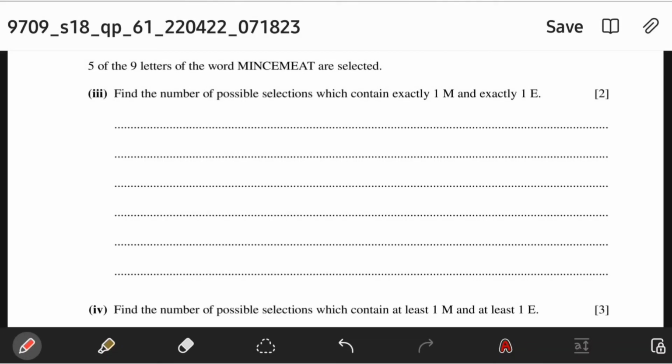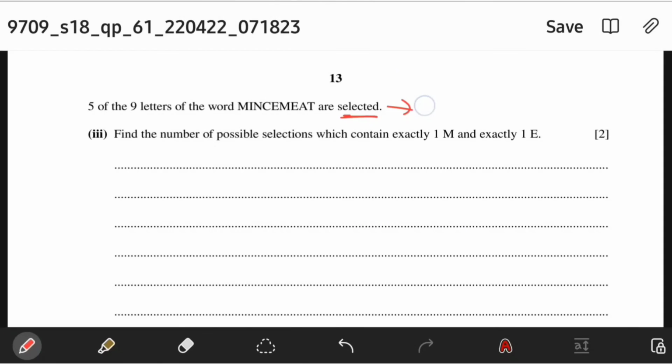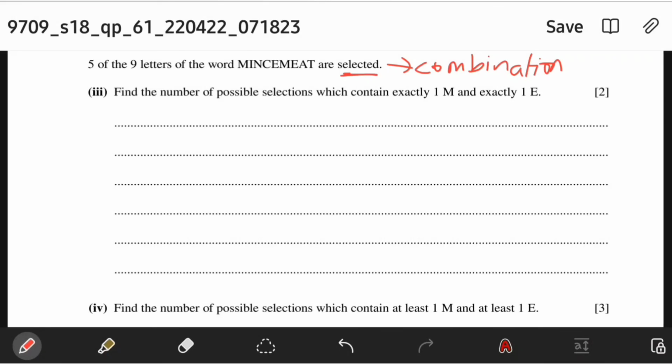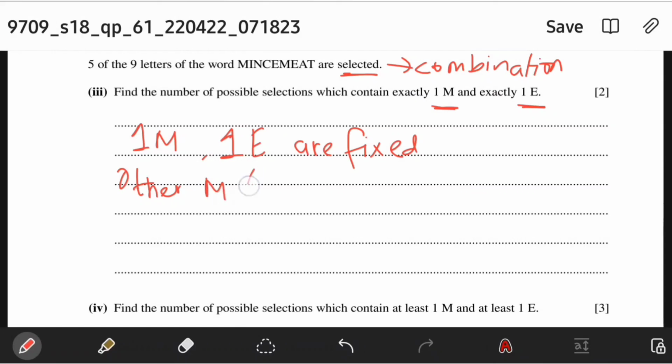Five of the 9 letters of the word mincemeat are selected. This shows us combination. Find the number of possible selections which contain exactly 1 M and exactly 1 E. Okay, so in our selection of 5 letters, 1 M and 1 E are fixed. Since these are fixed, the other M and E are removed from the total number of letters.